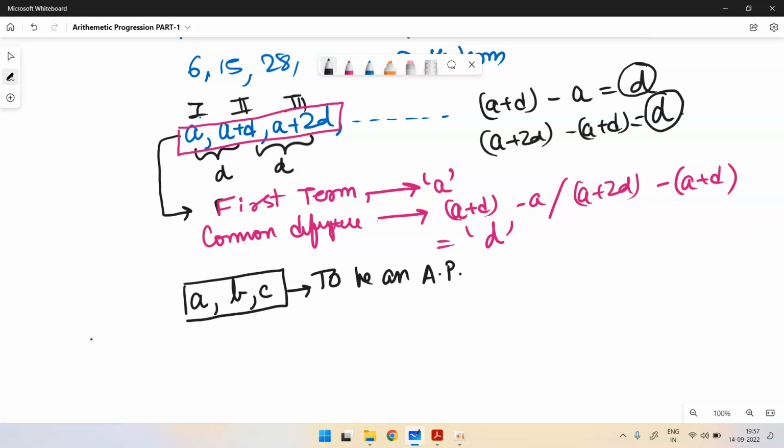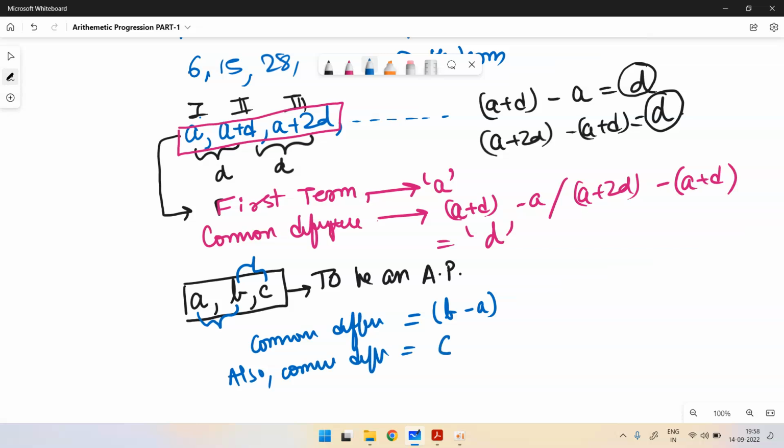what I told you is that the differences of consecutive terms should be equal. So the common difference will be the second term minus the first term, and the common difference will also be the third term minus the second term.